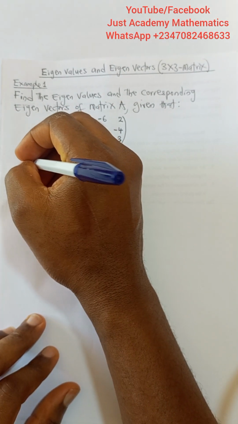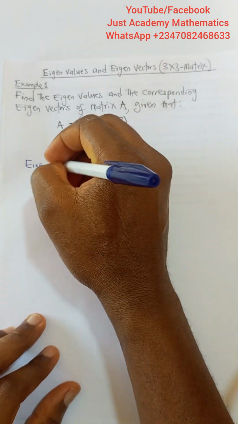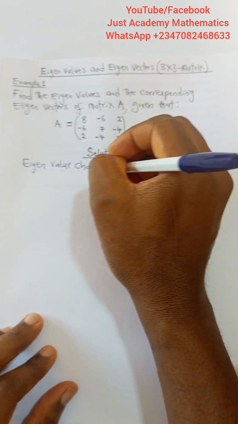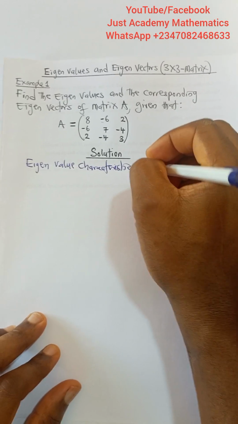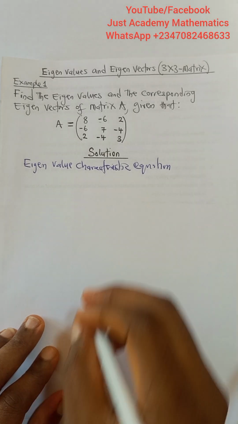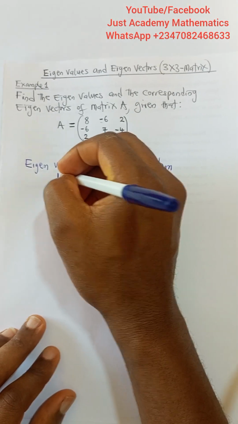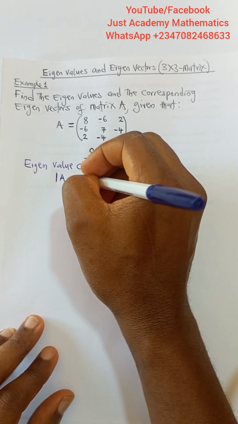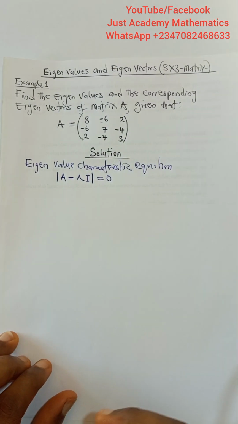Remember, I told you that the eigenvalue characteristic equation is given as the determinant of A minus lambda times identity equals 0.